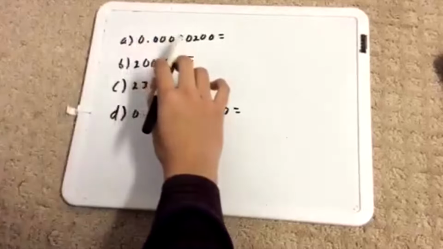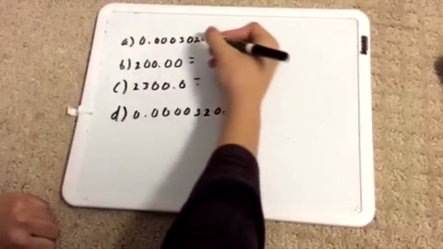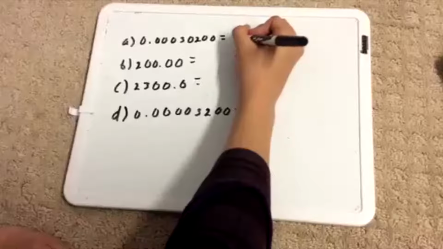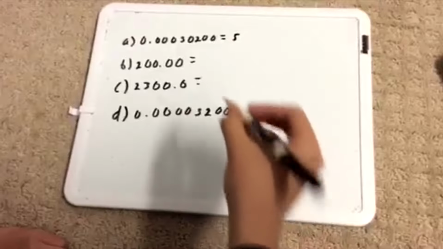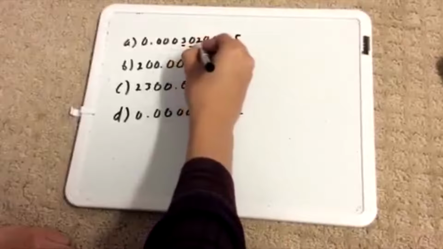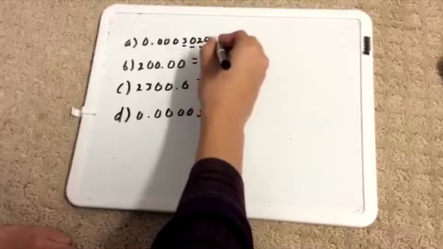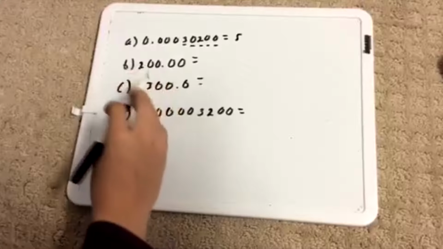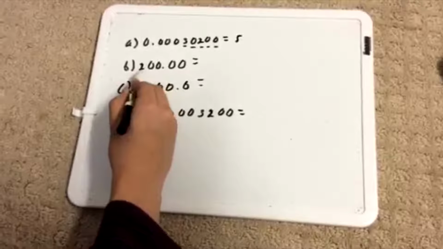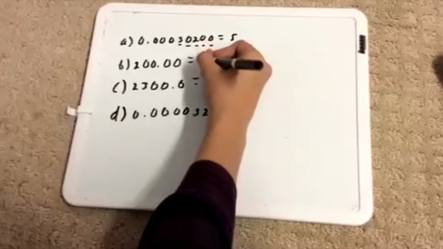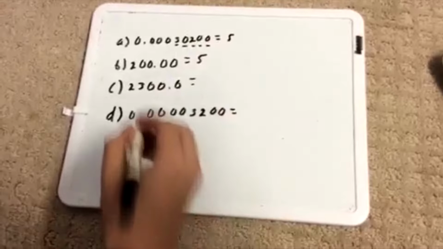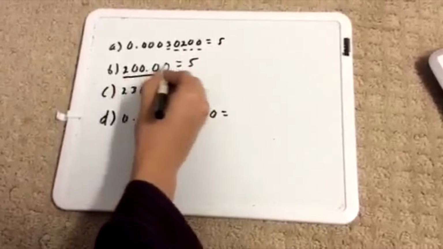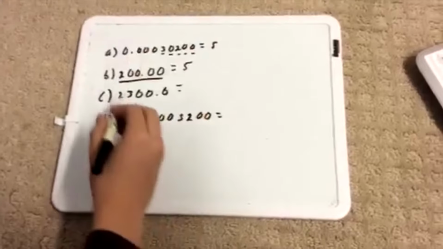For letter A, there will be only 5 significant figures, which are 3, 0, 2, 0, 0, including these zeros in the back. For letter B, there will be 5 significant figures, including the zeros in the back too, because of the decimal.